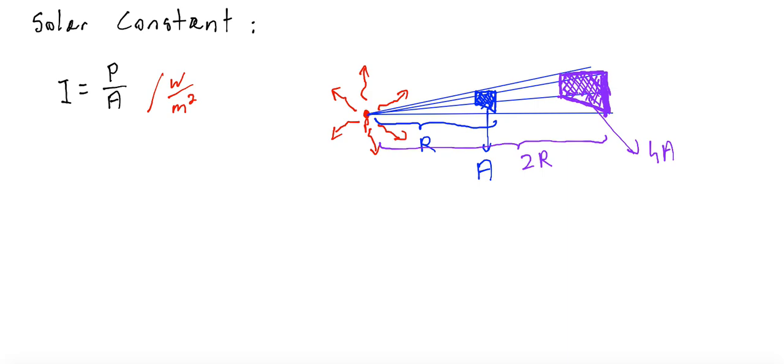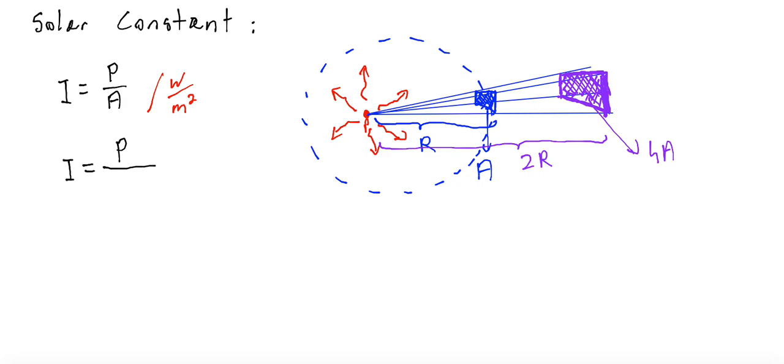This relation is known as the inverse square law of radiation. The inverse square law of radiation can be written as: intensity at a given distance from the source is the power emitted by the source divided by, you can imagine a kind of sphere around the source which absorbs this radiation, so divided by the area of this sphere, because intensity is power received by 1 square meter.